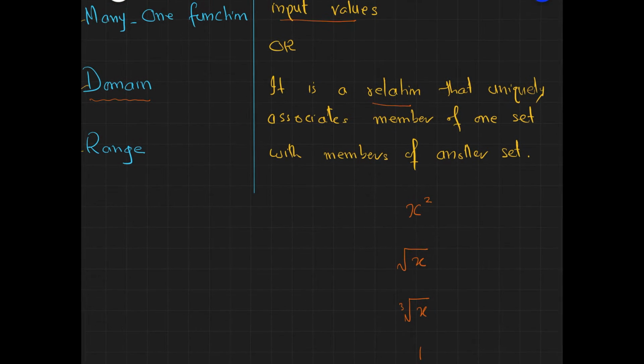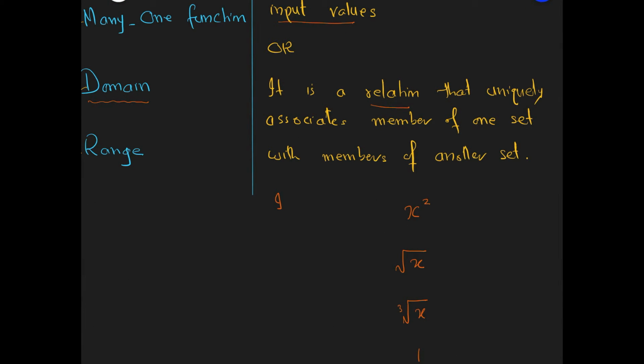Now for each function we will have an input value, and when this input value is inserted into the function, the function will produce an output for us. For example, for the first function, if our input value is 2, we get our output equal to 4.